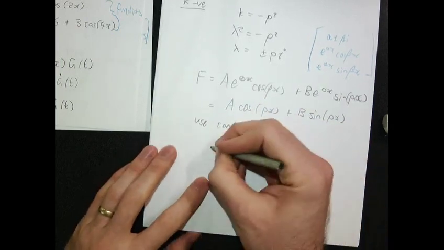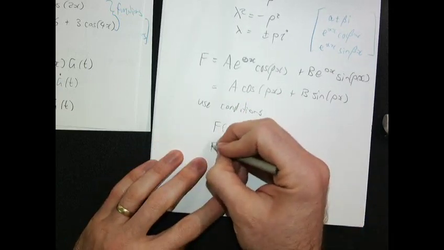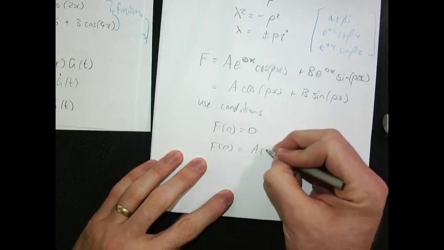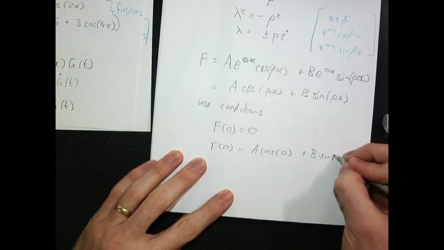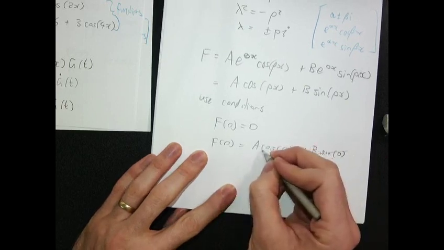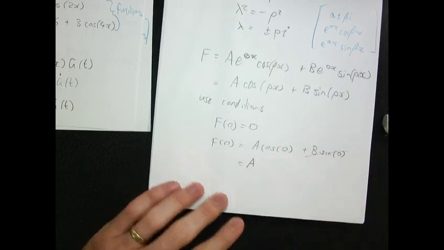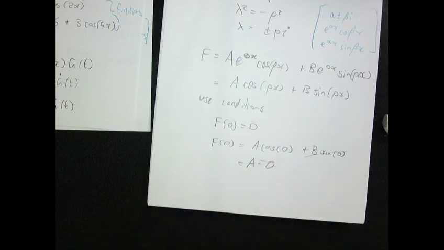So we know that f of 0 is supposed to be 0. So let's see, f of 0 is a cos 0x plus b sine of 0x. And sine of 0 is 0, and cos of 0 is 1, so I get a. And that comes out to 0, so a is 0. Sweet.